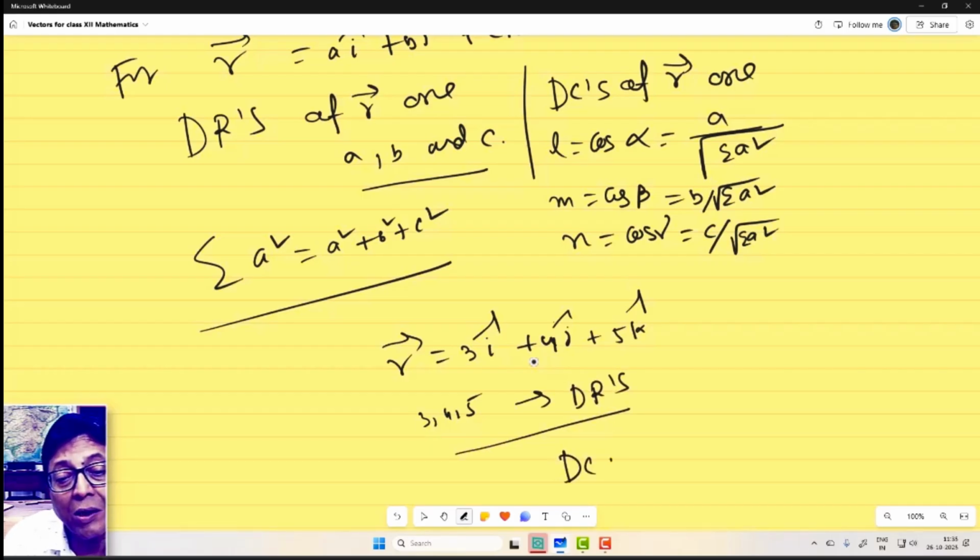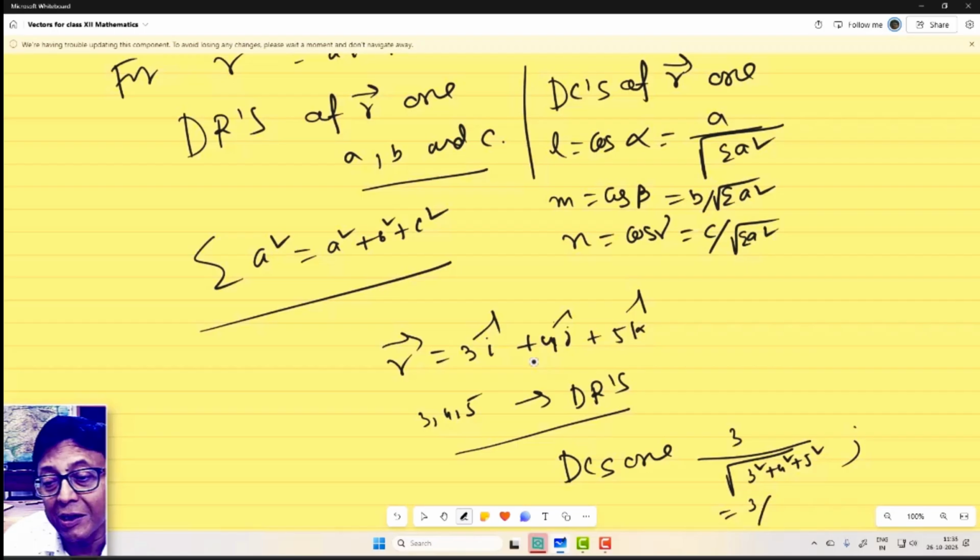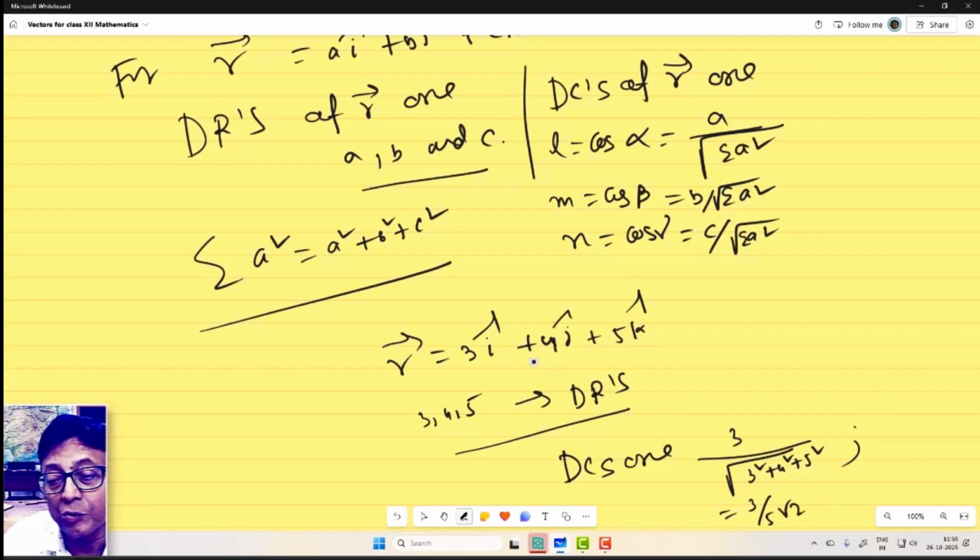And the DCs are 3 by under root 50, that is 3 by 5 root 2, and 4 by 5 root 2 and 5 by 5 root 2.